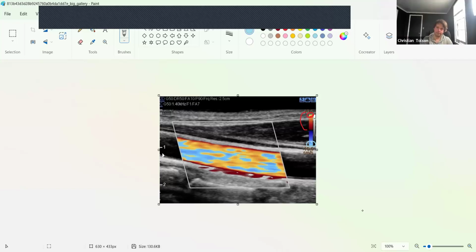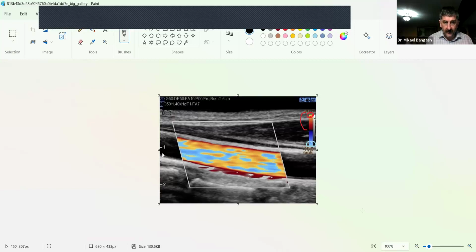Ghosting. Yeah, you can probably say this fellow here, maybe ghosting. Now, this is handled by the wall filter, but the wall filter will still not do anything to aliasing.